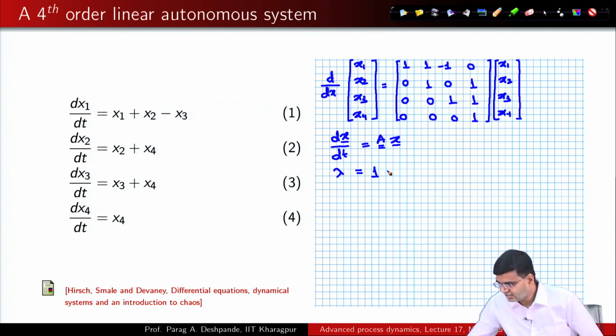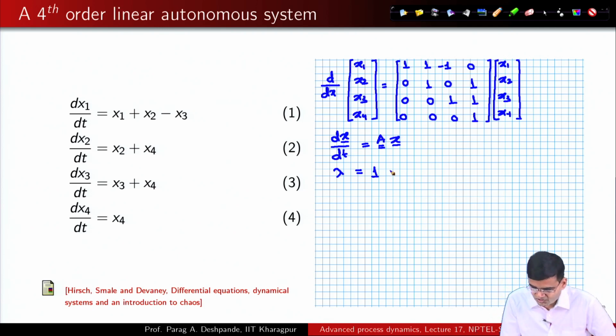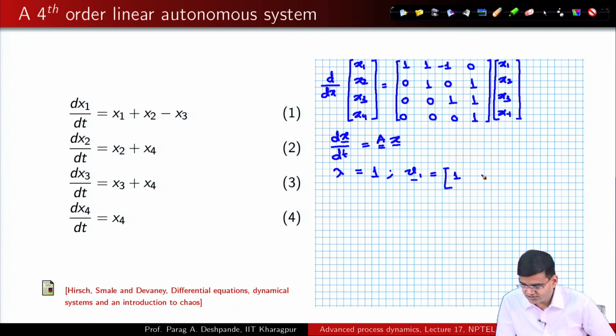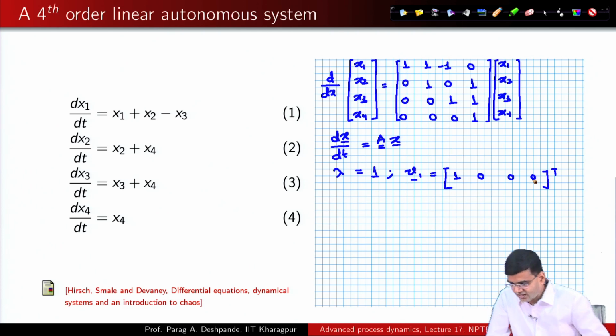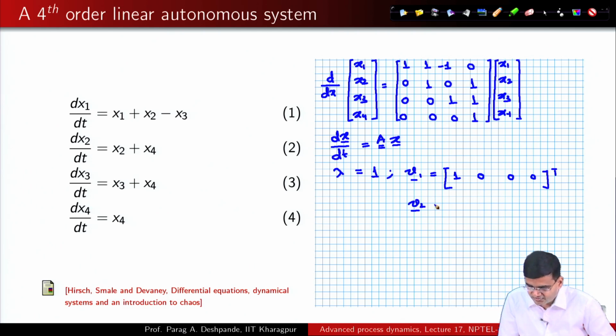Let me write down the eigenvectors. I have only 2 eigenvectors. v 1 under bar is 1 0 0 0 transpose, and v 2 under bar is 0 1 1 0 transpose.